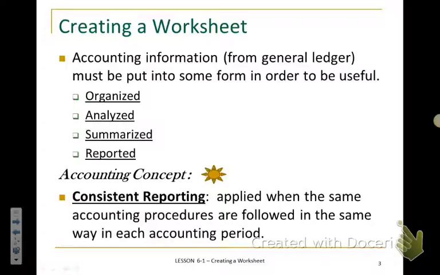You want to know that the business is applying consistent reporting techniques so that there isn't variability in the information because they've done something differently. If they did their accounting reporting one way one time and a different way another time, that would not necessarily be a fair representation. You wouldn't know whether things were the same or different because they were reporting it differently.